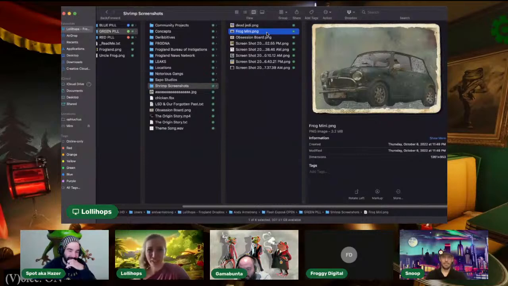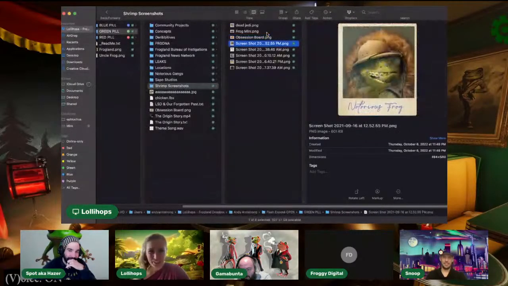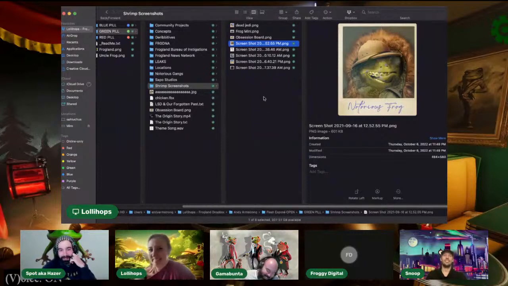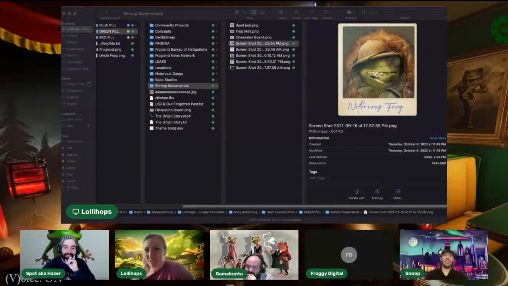Got our frog in the Mini Cooper, the obsession board. Oh God, the other braces frog. That one right there was why we pulled the trait. Give us a zoom in, nevertheless, so people can understand how horrifying it is. It is absolutely terrifying. I can't handle it. I'm a fan of the coats, though.